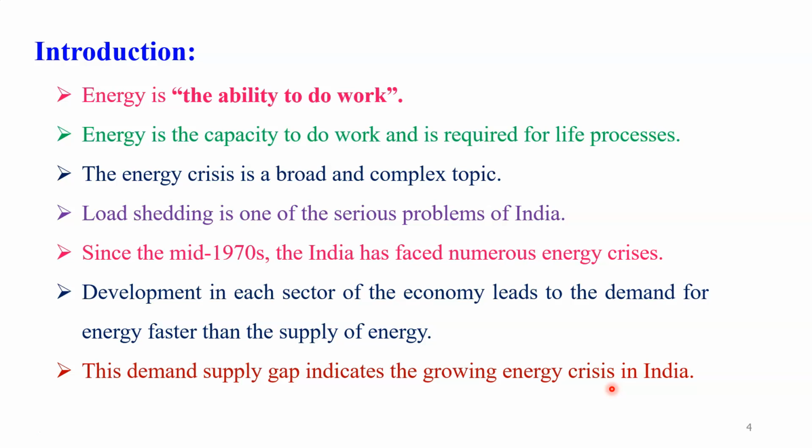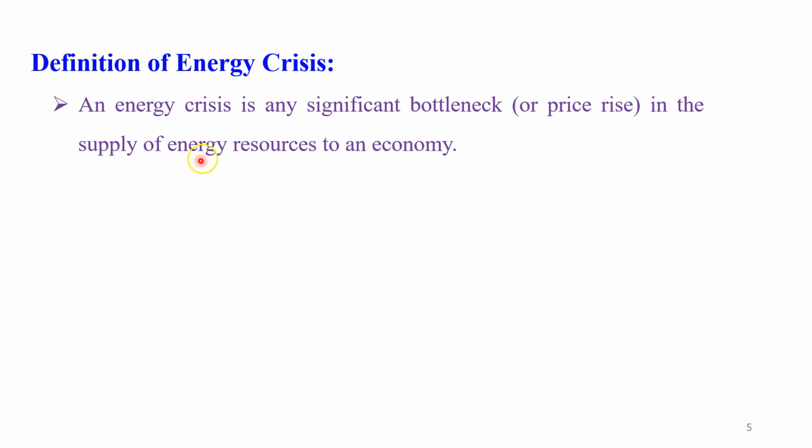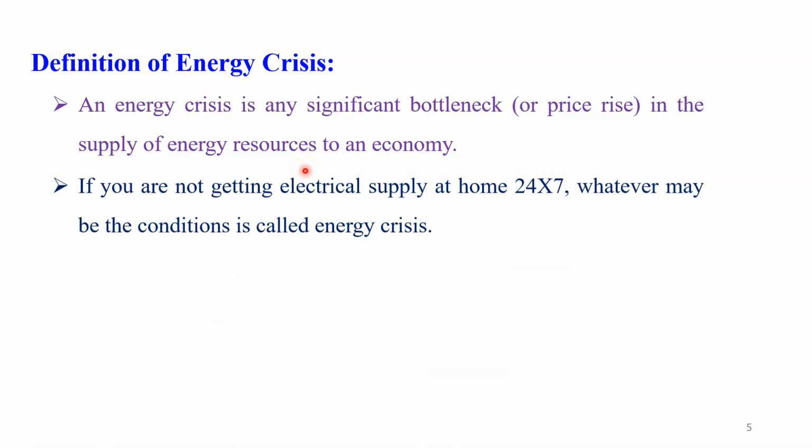So let's start. What do you mean by energy crisis, with its definition? Dear student, an energy crisis is any significant bottleneck or price rise in the supply of energy to an economy.